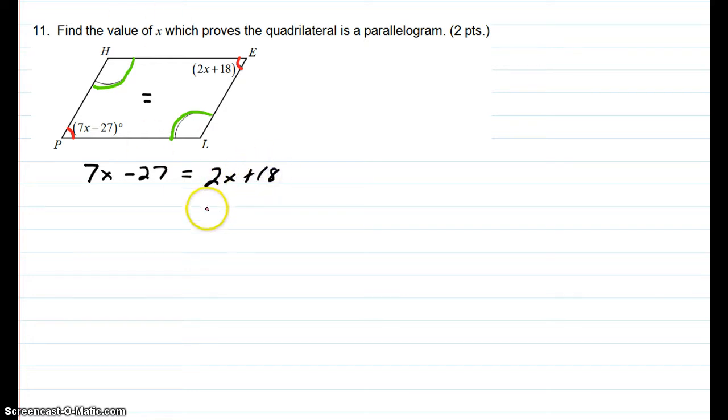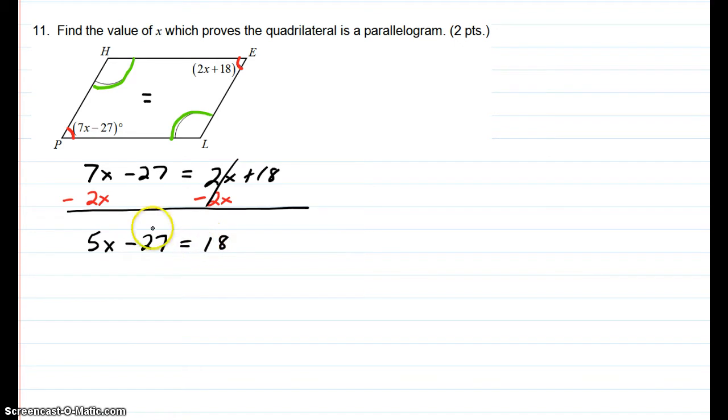And now we'll just solve this. So we'll minus 2x from both sides. And so we end up with 5x minus 27 is equal to 18. Now we'll move the 27 over.